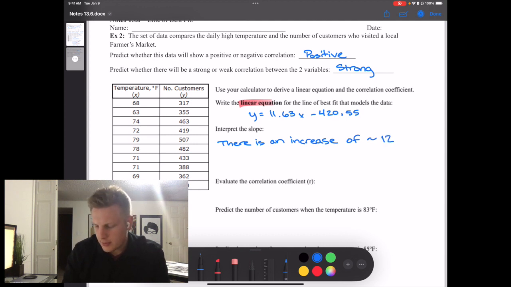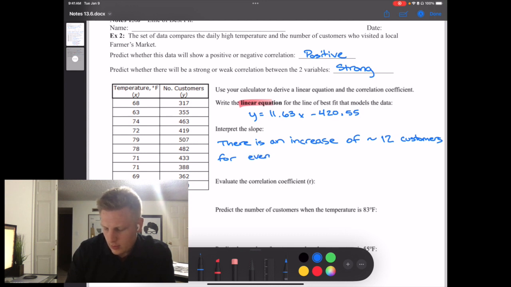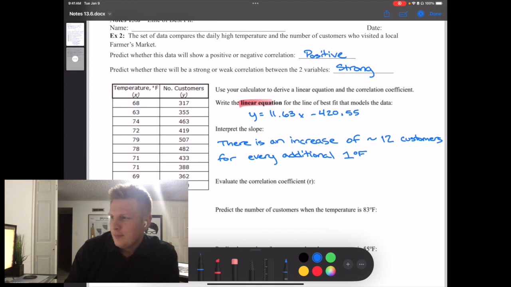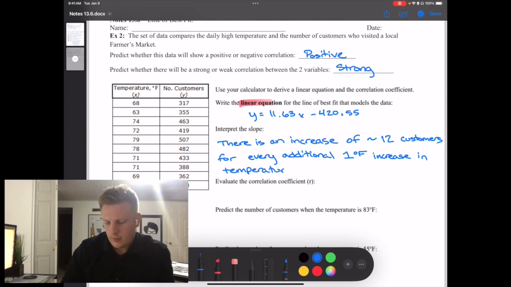Maybe that's about 12 customers, for rounding, being a little bit optimistic, for every additional 1 degree Fahrenheit. It says 1 degree Fahrenheit, not one of. Increase in temperature. There we go.